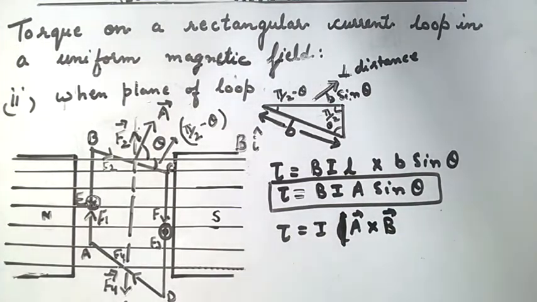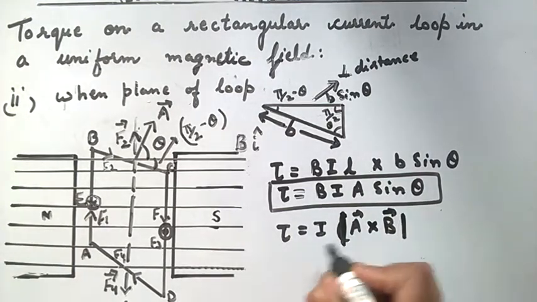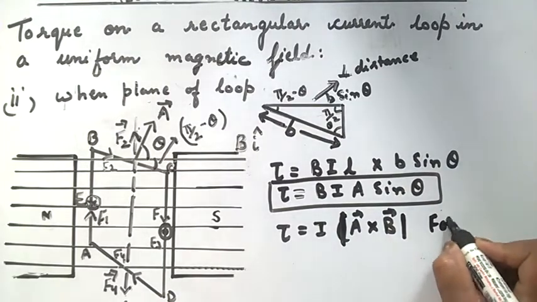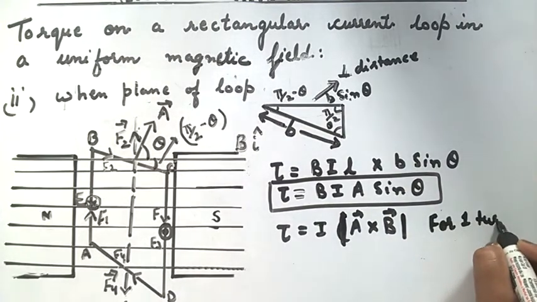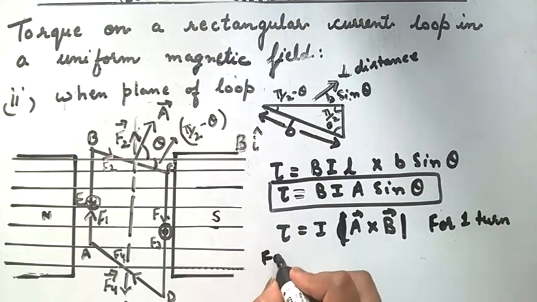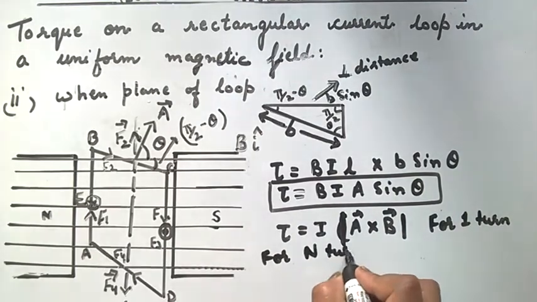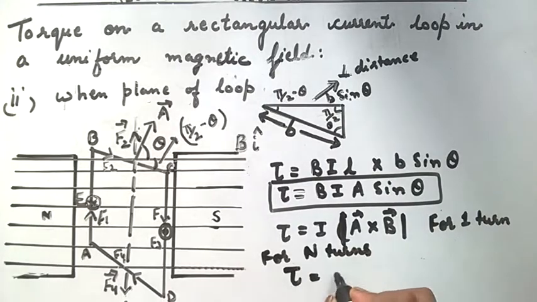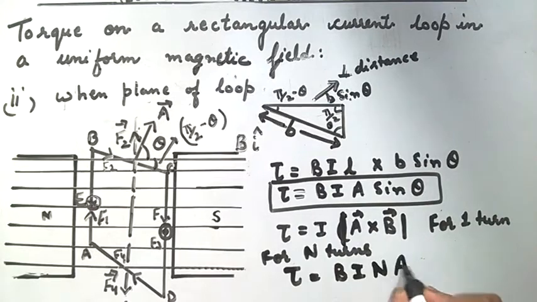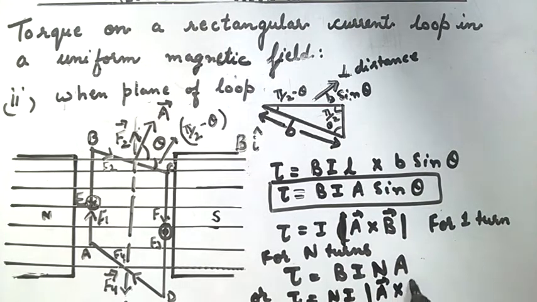This is for one turn of a rectangular coil. For n turns, torque is equal to BINA, or torque is equivalent to, N and I are constant, and we can write A vector cross B vector, that is, angle between area vector and magnetic field is theta.